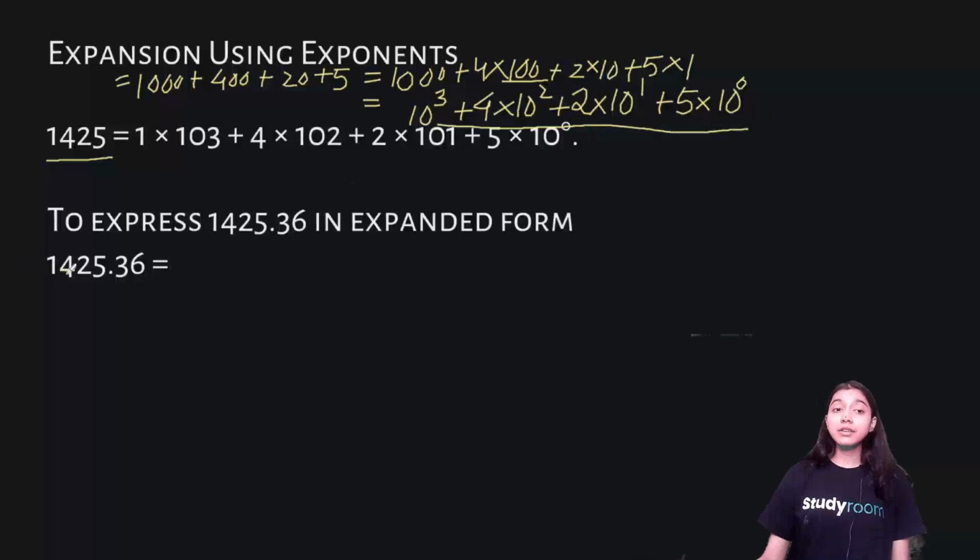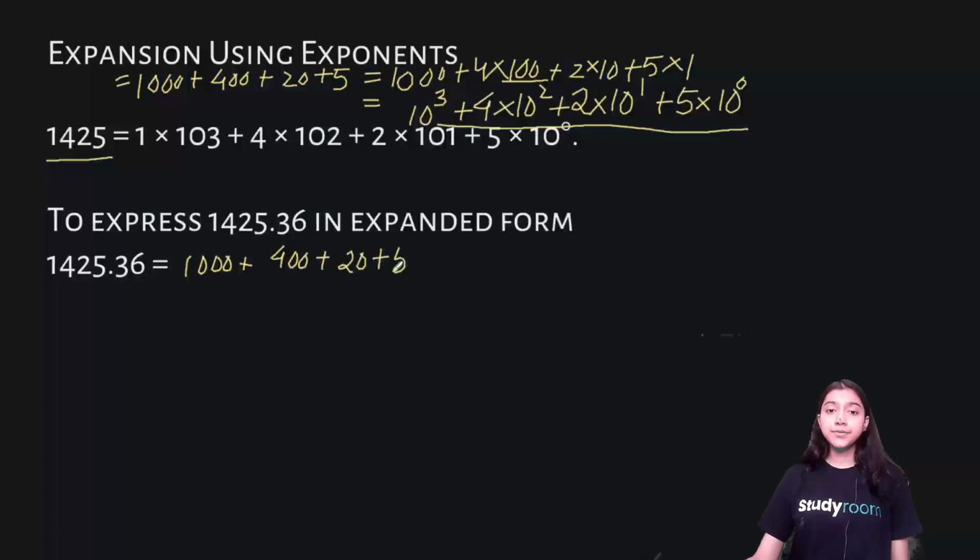Now we have another example, that is 1425.36. Let's expand it. So 1425.36 can be written as 1000 plus 400 plus 20 plus 5 plus 0.3 plus 0.06.